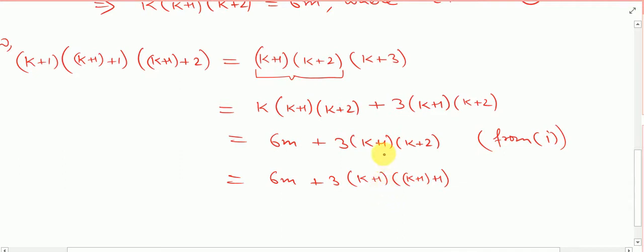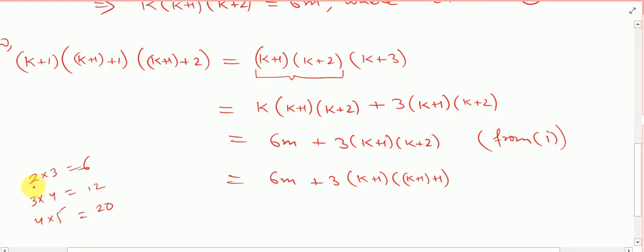Okay, these two are consecutive positive integers, because k is natural number, so positive. So you know that if you take product of two consecutive positive integers, then product will be always even. Like if you take 2 into 3 you will get 6, if you take 3 into 4 you will get 12, if you take 4 into 5 you will get 20.